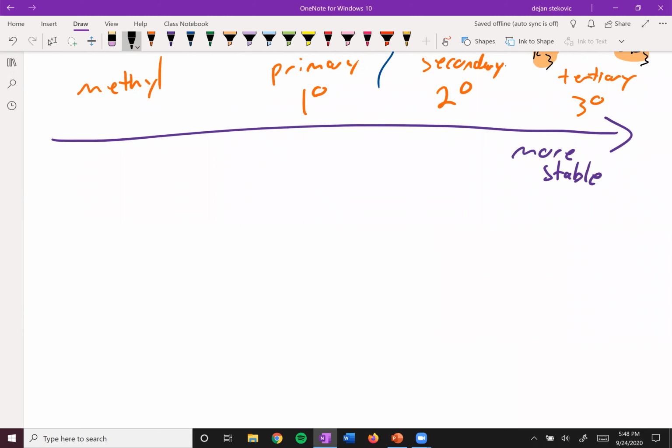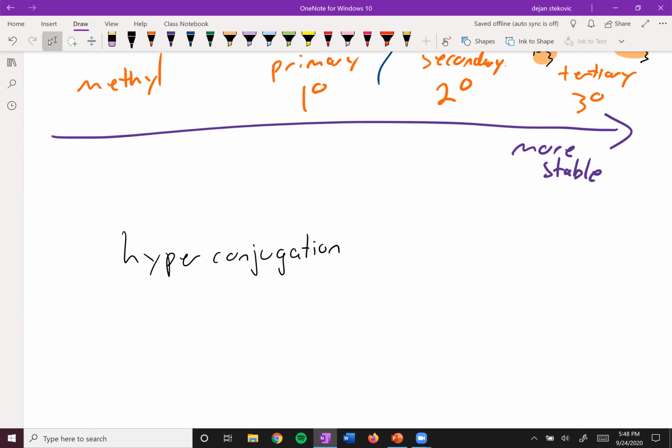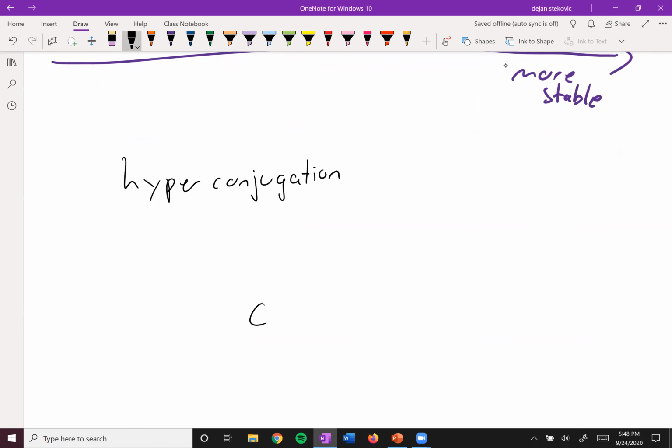The reason that secondary and tertiary carbocations are more stable than other carbocations is due to something called hyperconjugation. And so what's going on here is we have a carbon with an empty p orbital.